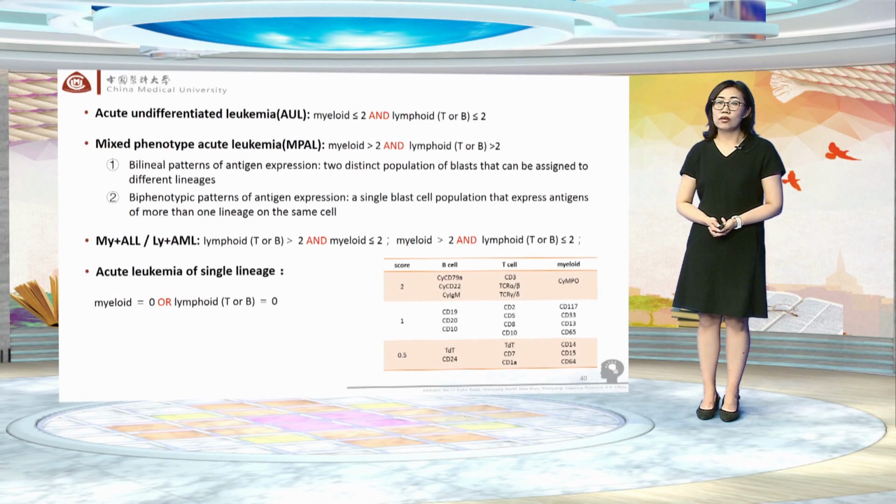Third, AL with myeloid markers means lymphoid T or B more than 2 scores and myeloid not more than 2 scores. AL with lymphoid markers means myeloid more than 2 scores and lymphoid T or B not more than 2 scores. Fourth, acute leukemia of single lineage: myeloid equal to 0 or lymphoid T or B equal to 0.